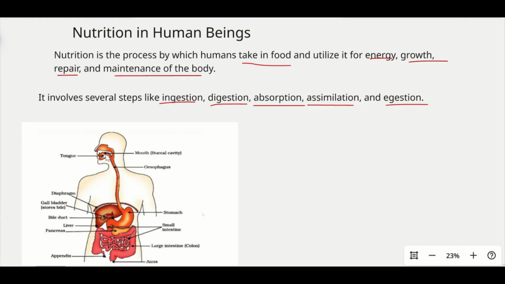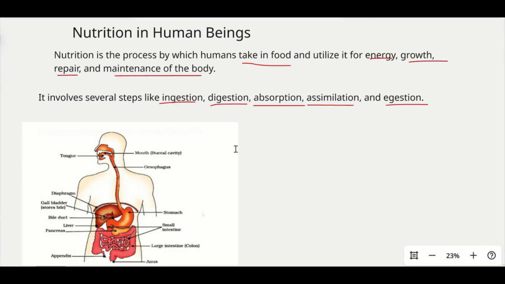Through the mouth we take the food, and it moves through the esophagus and then reaches the stomach. Partial digestion occurs in the stomach, and then the food goes to the small intestine and large intestine. In between, the liver, pancreas, and bile duct each have their own function, so we have to learn about that. Let's check one by one in detail.